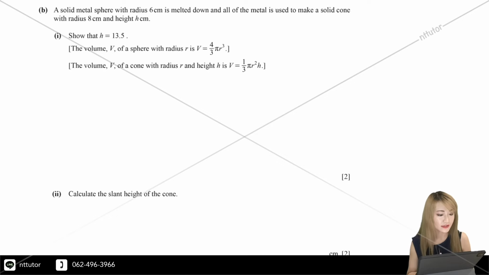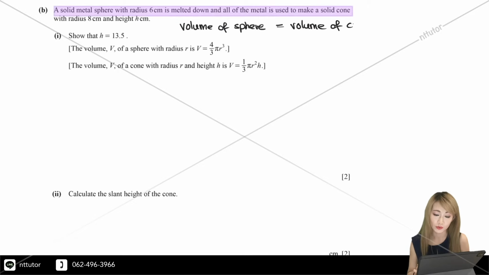B. A solid metal sphere with radius 8 centimeters is melted down and all of the metal is used to make a solid cone with radius 8 and height h centimeters. Show that h is equal to 13.5. So for this problem, when it says that a solid metal sphere is melted down to make a cone, assuming none of the metal is lost, this means that the volume of the sphere is equal to the volume of the cone.